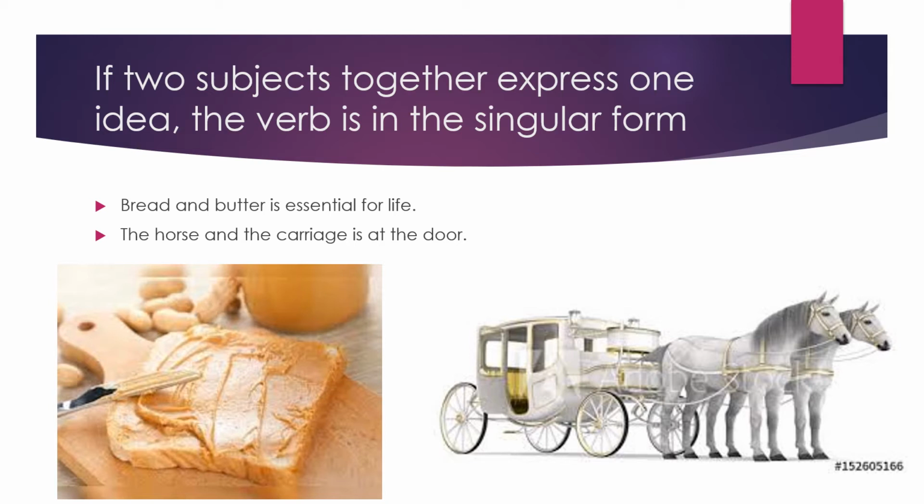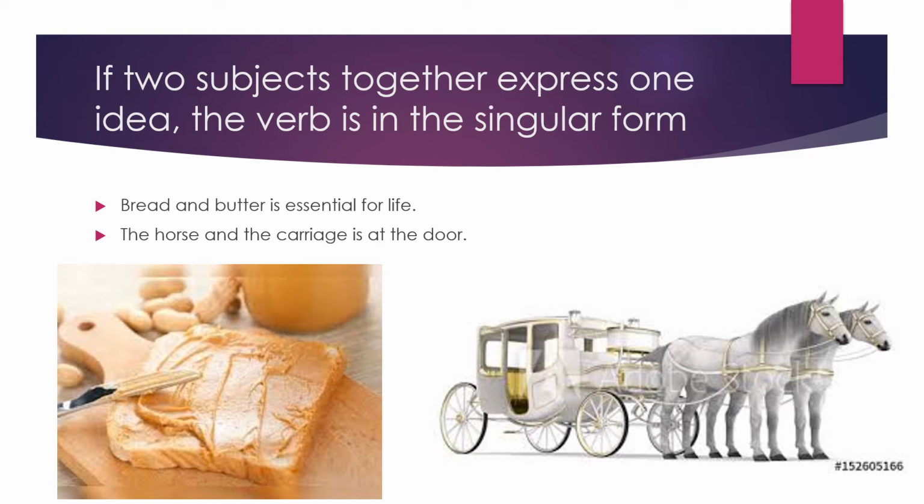We will never put it as "bread and butter are essential for life," because bread and butter, these are not two different entities here. If you go by the literal meaning, yes, bread is something different and butter is something different. But here, bread and butter does not mean that in order to live and to sustain and to survive, you need to have bread and butter. No, it does not mean that.